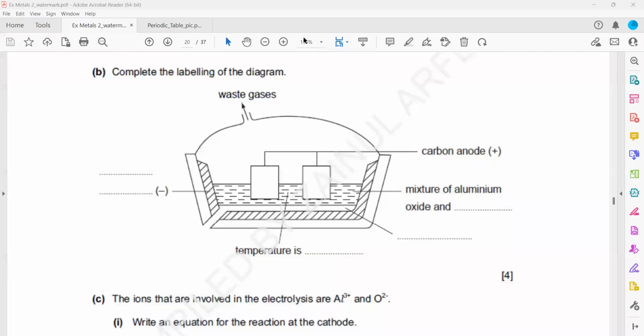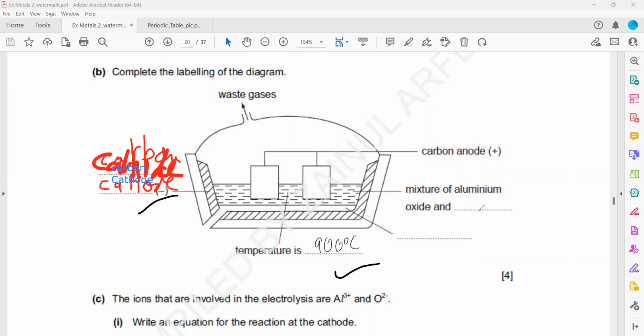Label the diagram. A negative terminal, what do we call it, and what is it made from? So the carbon cathode is there. We have a mixture at temperature 900, good.